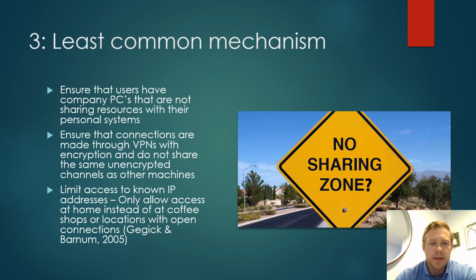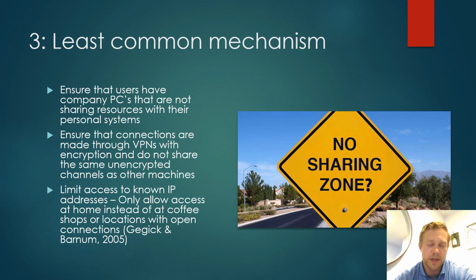So least common mechanism. This is saying that you don't want to share resources. So let's consider, for example, ensuring that a user has a company PC and isn't just using their own personal system. This helps ensure that resources aren't shared between their personal life and their business life. It can remove a lot of conflicts. Ensure that connections are made through VPNs with encryption and not sharing the same unencrypted channels as other machines, making sure that the network is secure and then using an encrypted VPN to actually do work.